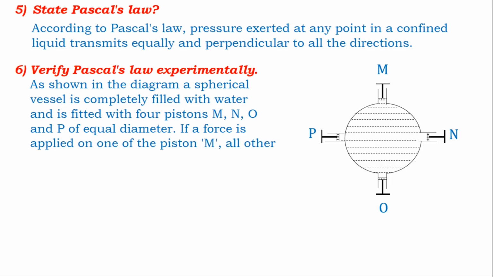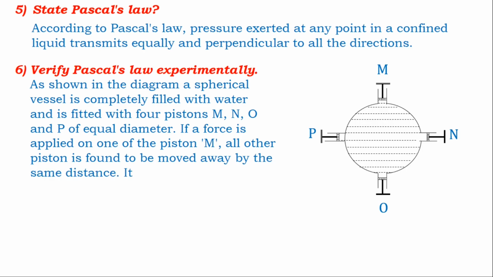If a force is applied on one of the pistons, say M, all the other pistons are found to move away by the same distance. What does it mean? If we apply force on piston M, the same pressure is transmitted to N, O and P also, and they are pushed away from their original position, all by the same distance.